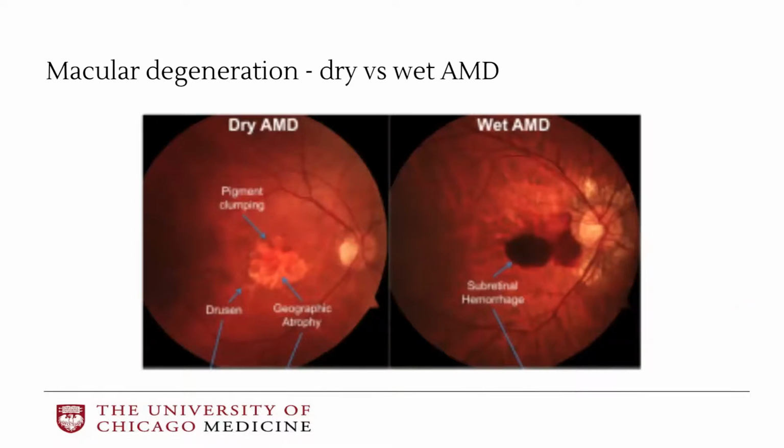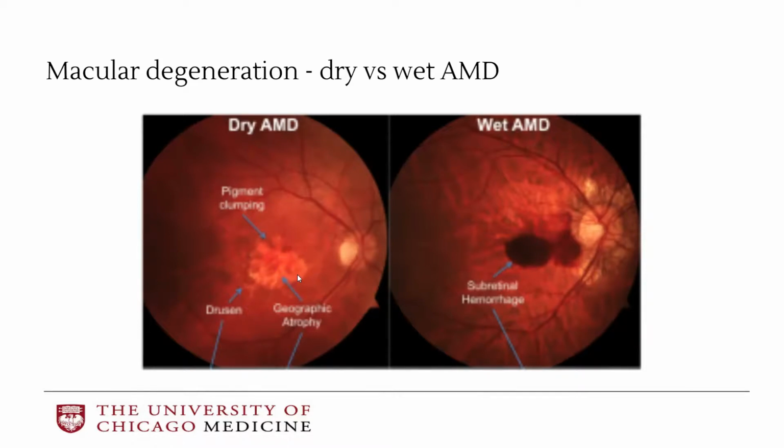Apologies for the quality of these photographs, but the image on the left is dry macular degeneration. You can see possibly some yellowish dots that are drusen. And then there's an area that looks kind of yellowish, that's a larger area. That's an area of retinal atrophy.